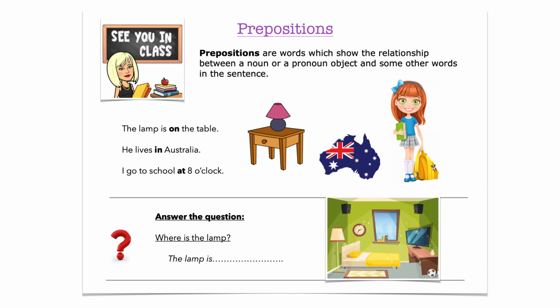You can say the lamp is in the room or in the bedroom, the preposition in, or the lamp is on the floor, on the floor. You can also copy the sentences in your book, write them down, and move on to the next slide.